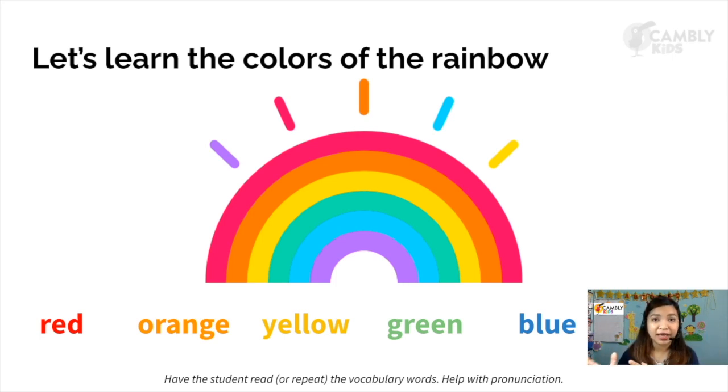If they still can't imitate it, you can use the phonics, like d, red. That's how you should do it. If the student is having a hard time understanding what you are saying, you have to speak slowly, or sometimes you have to break down the sounds for them to speak the whole word.